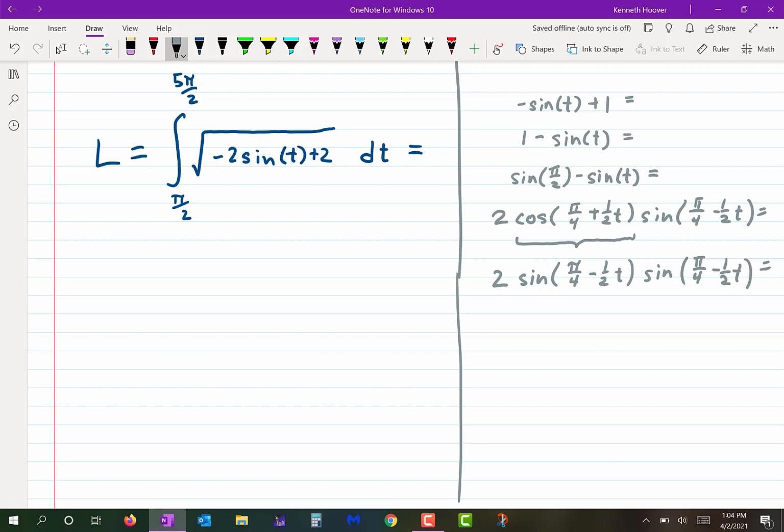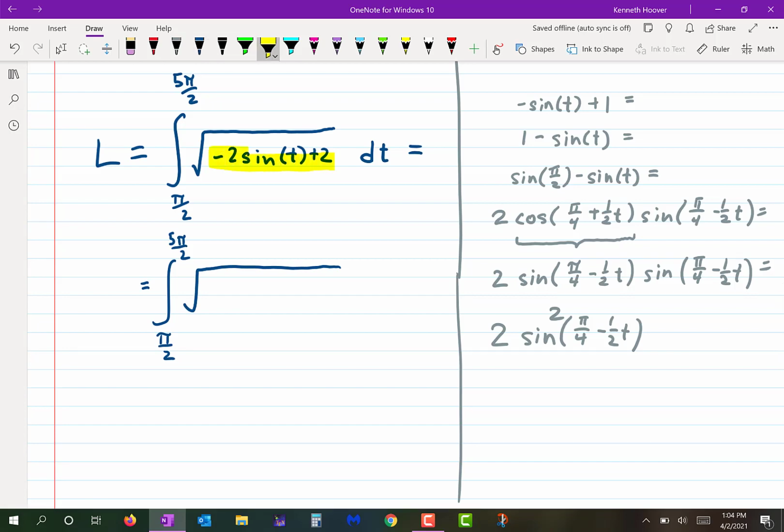See those two sines right there are the same? So I can write that as 2 times sine squared of pi over 4 minus 1/2 t. That's going to make our problem in blue easier, because now I can write this as the integral of the square root of, and do you notice that this is just 2 times this?